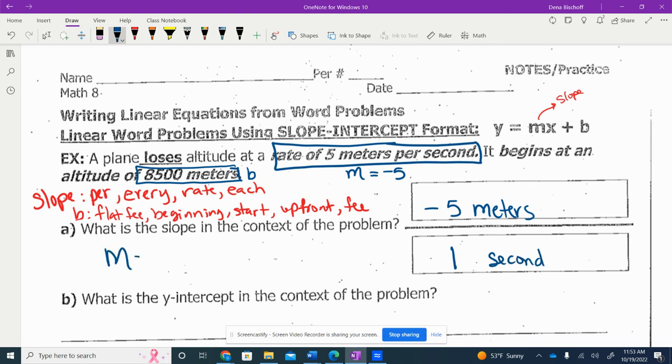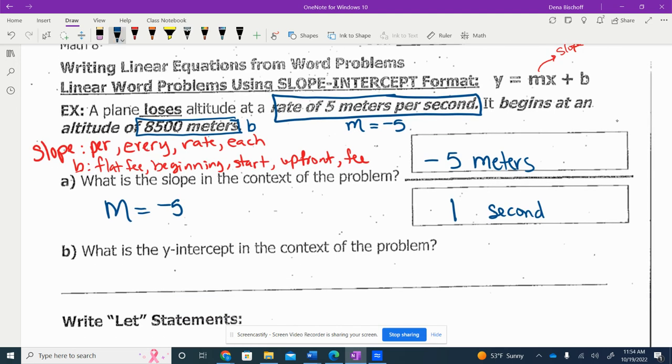But we just really write it as -5. We don't really write it as 5/1, right? Or -5/1. What is the y-intercept? Well, we just said that the y-intercept is 8,500 meters, and that's just the starting height or the starting altitude. Okay.